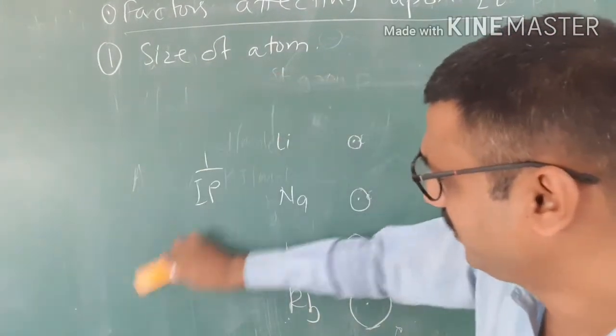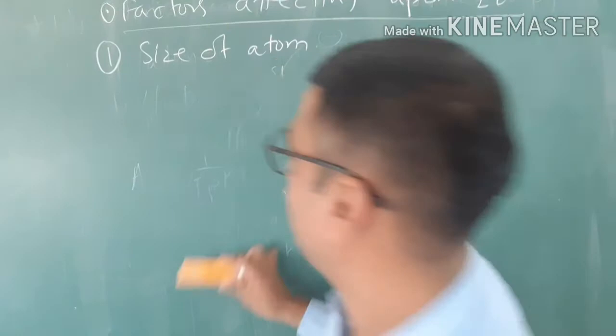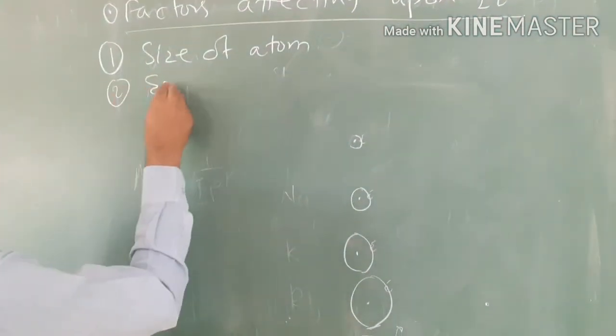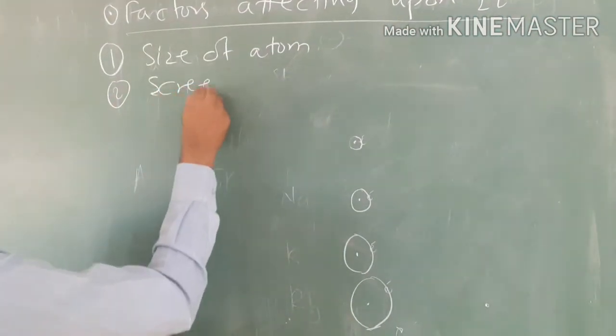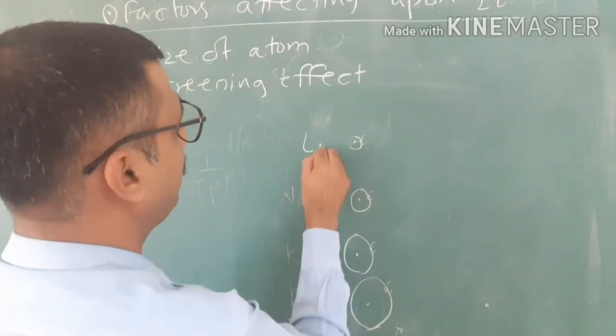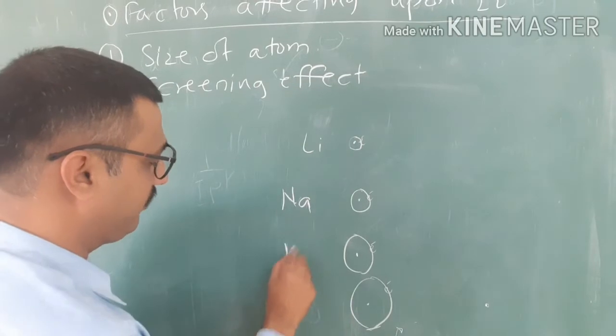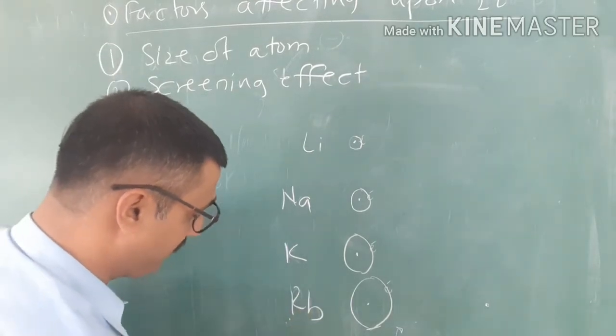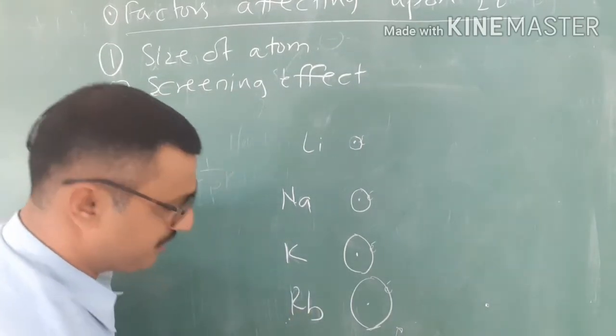The second factor which affects the ionization potential is the screening effect. Screening effect is also known as the shielding effect or the barrier effect. I'll give the same set of examples here: rubidium, cesium. Screening effect means what?